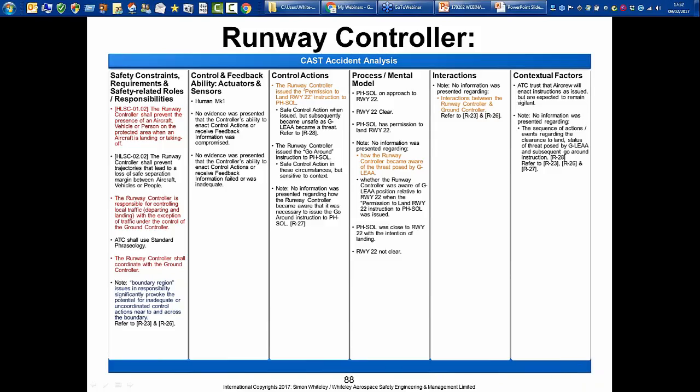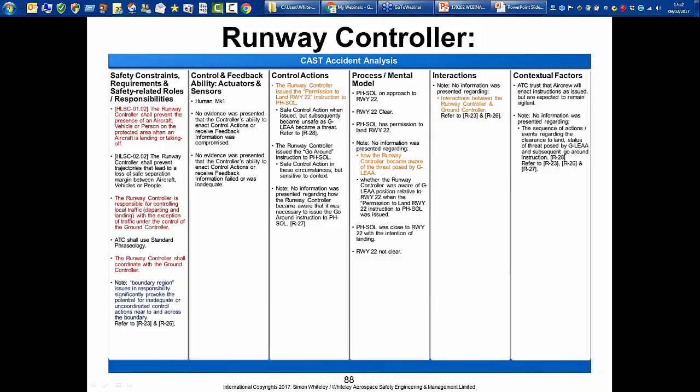Okay, so where do we get? Right, okay, so the process, the mental model. So first off, the PH-SOL was on approach to runway 22. Runway 22, logically inferred, must have been clear. PH-SOL has permission to land on runway 22, so everything's fine.